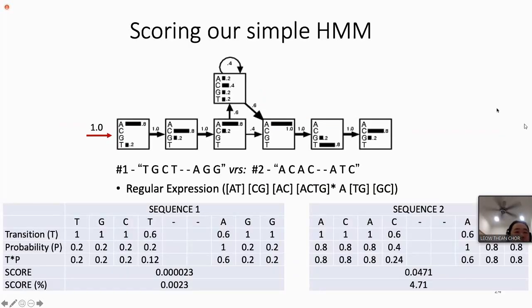Okay, now you would like to calculate the score. You use this profile HMM to score the sequences in the database, and you have 2 sequences in the database. Sequence 1 has the sequence TGCT-AGG, and sequence 2 has the sequence ACAC-ATC.